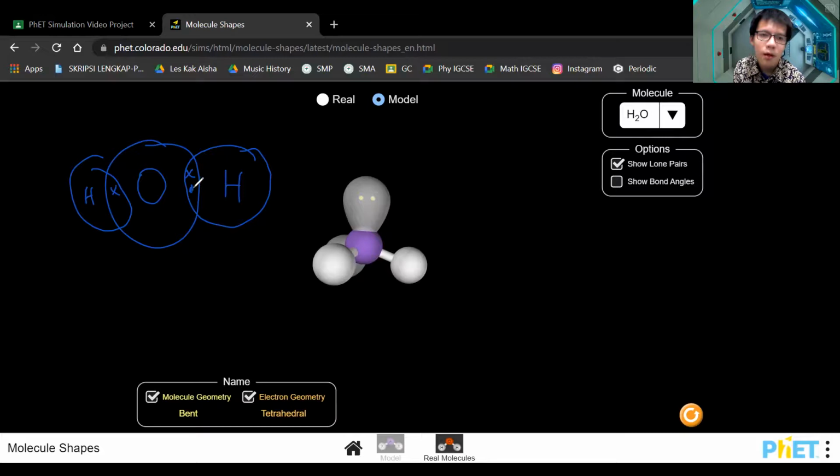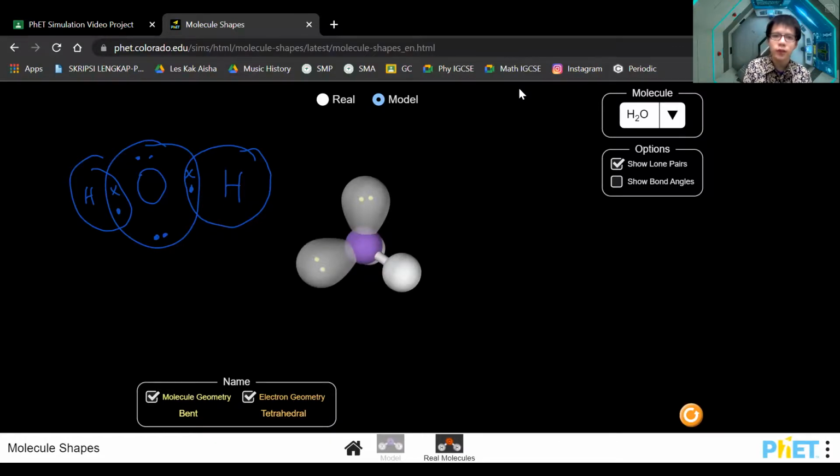So one, two, three, four, five, six, same as this model. It has two lone pairs. So the Lewis structure is H, O, H. We make one line because it has one pair. Okay, clear.